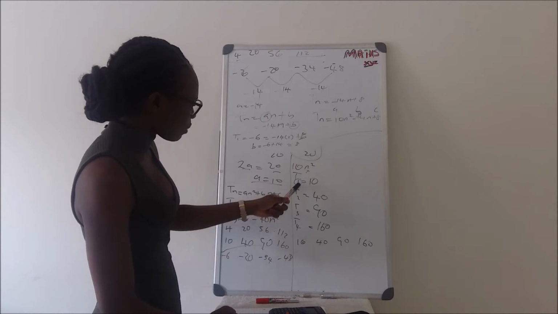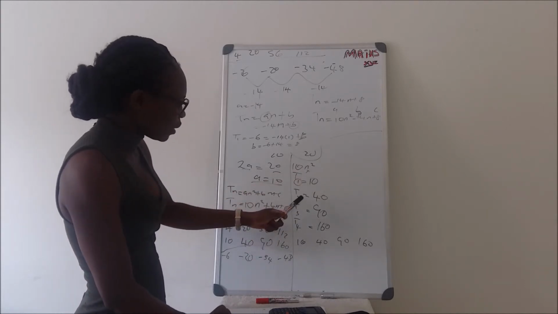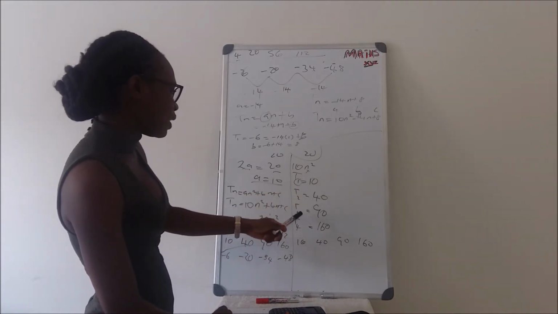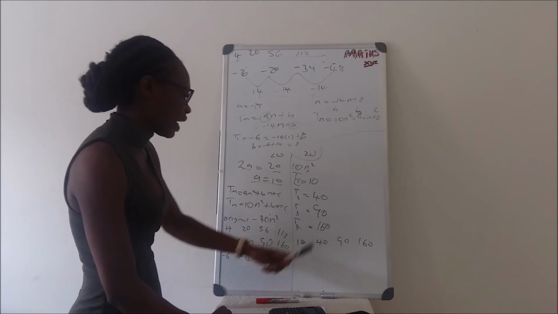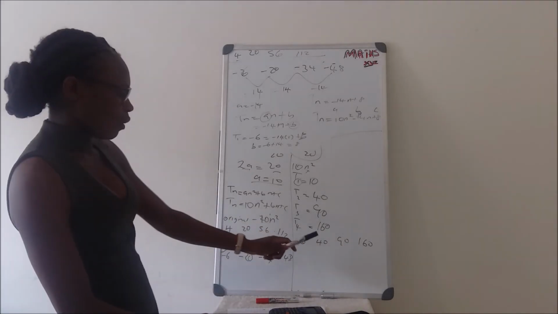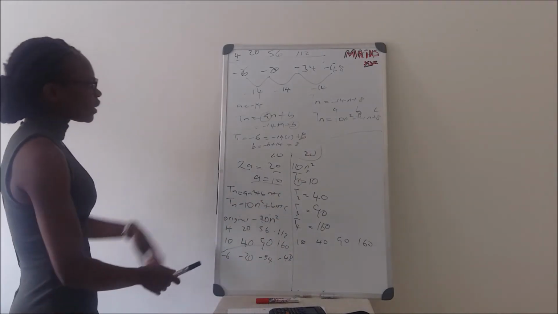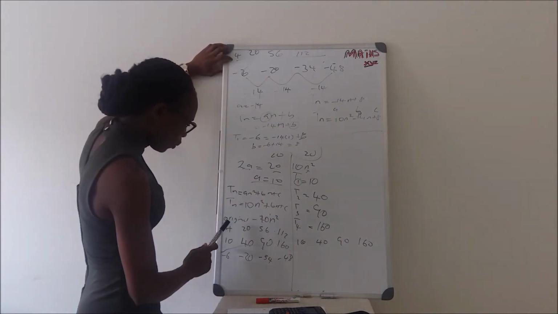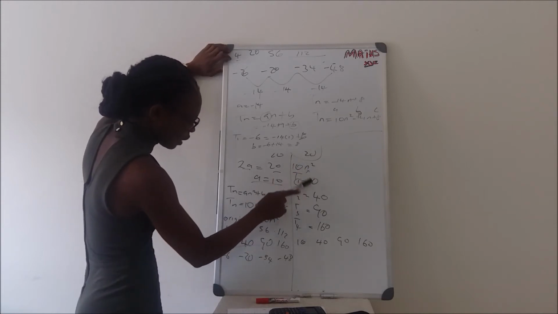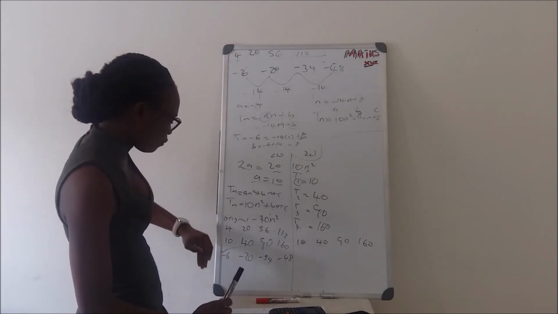If we substitute 1 into this expression, we get 10. If we sub 2 into it, we get 40. If we sub 3, we get 90. And we have 10, 40, 90, and 160 as our new pattern of 10n squared. So we say the original pattern minus the pattern of 10n squared, according to the number of terms.